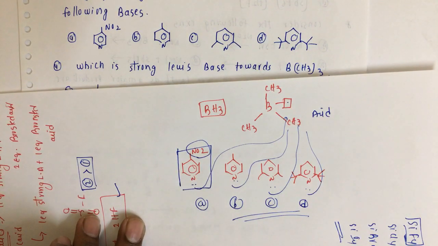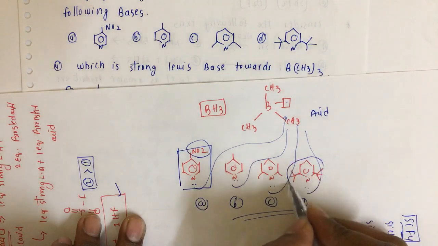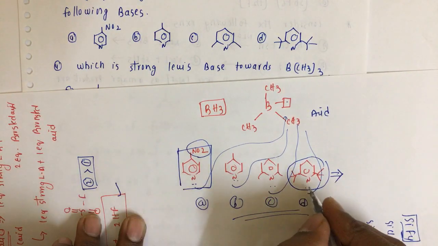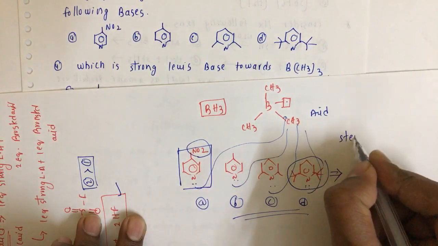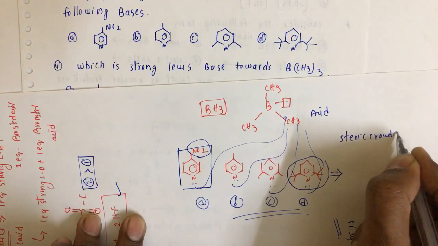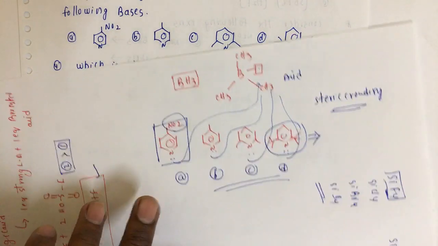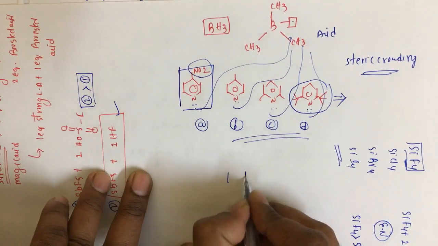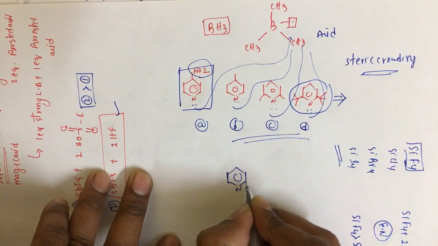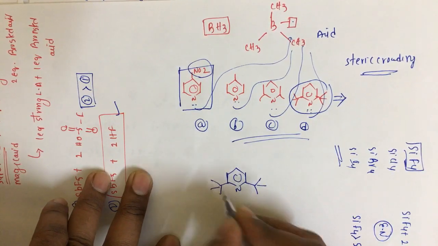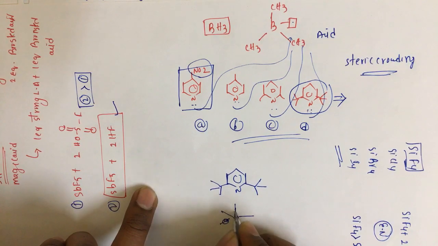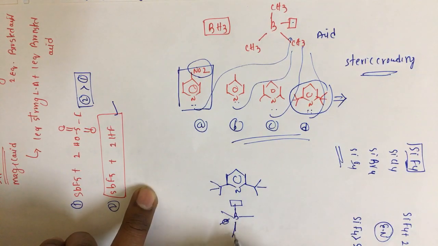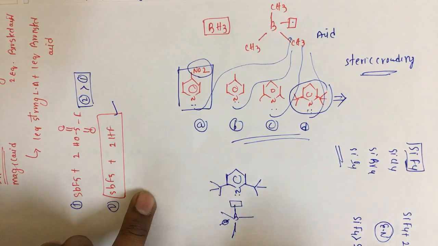Which is more electron rich here? This one is more electron rich, meaning its lone pair will be available for donation, but here we have to see steric crowding also. This is important. In the last option there is steric crowding, so this boron can't approach the lone pair that easily.